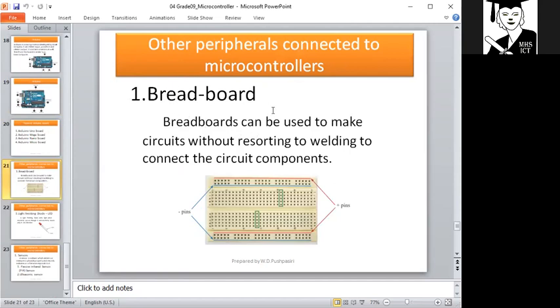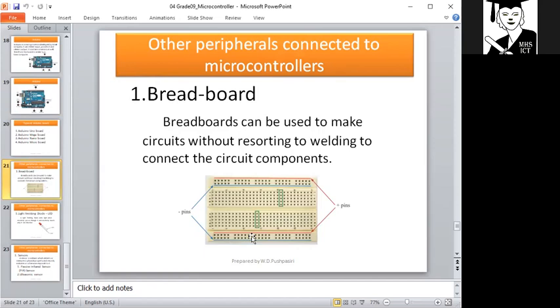First thing is the breadboard. What do you mean by breadboard? A breadboard is for creating a new circuit, and it is something like a motherboard. By using that, we can hold things. There are some holes inside it.